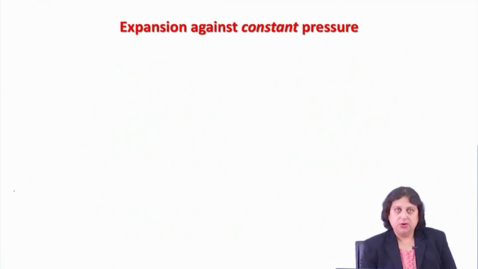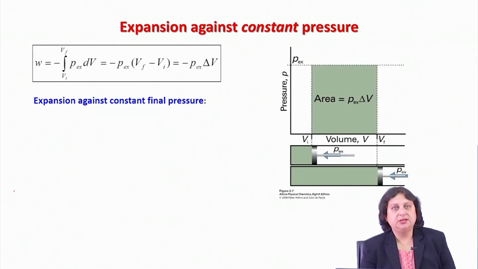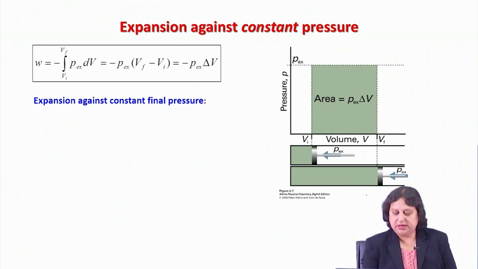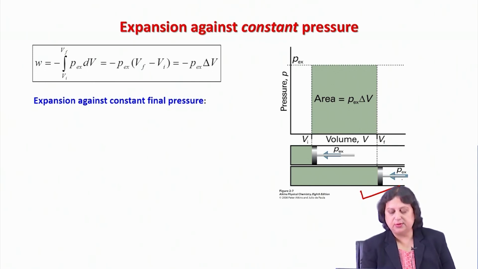Now let us again consider expansion against constant pressure, and here we have the following. If I am carrying out an expansion against a constant final pressure, that is the kind of situation that has been shown in this figure. So here the gas is expanding against a constant pressure P external.